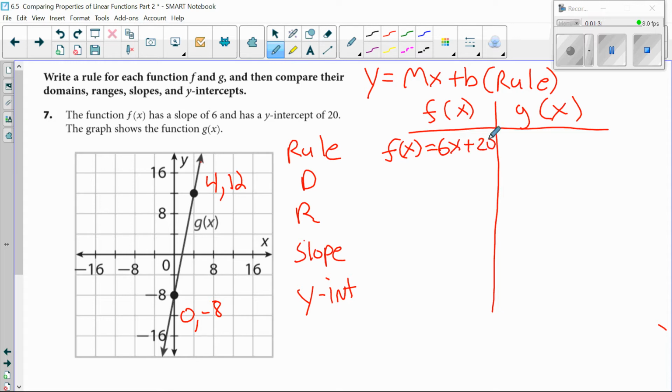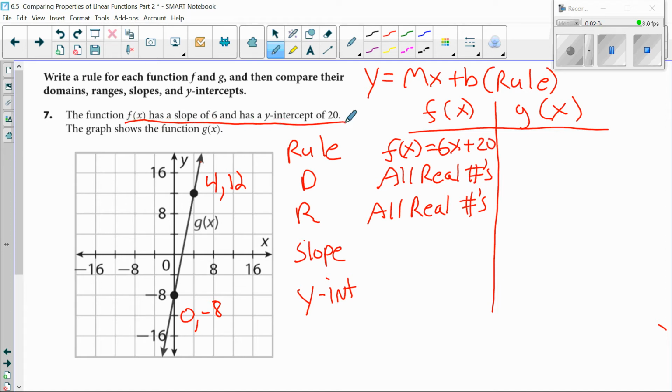All right, now, since there's no indication of the domain and range, both of those are going to be all real numbers. There's nothing to tell me there's a beginning and an ending to it. So for this one up here, f of x, it's all real numbers.